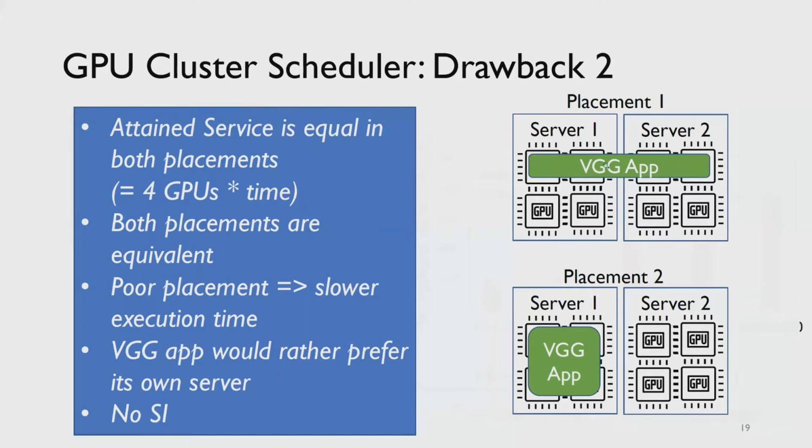The first placement, where I place the job across 2 servers over 4 GPUs, has equivalent service time to the placement of the single job over 4 GPUs on a single server. So there's no difference between them, but the second case has better performance than the first case because of the network overhead between the 2 servers.